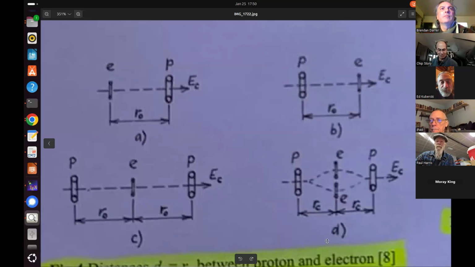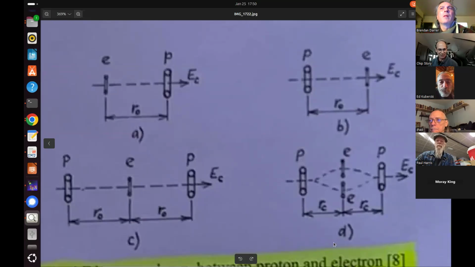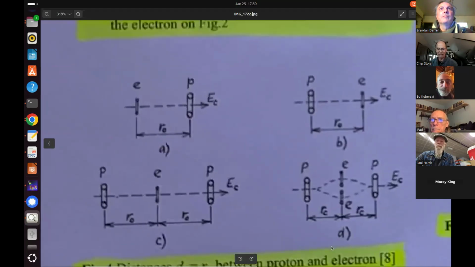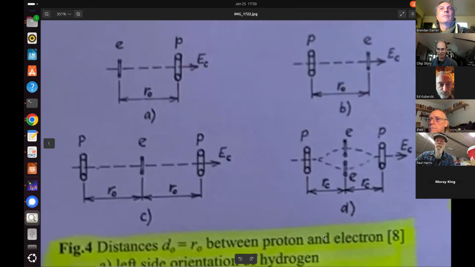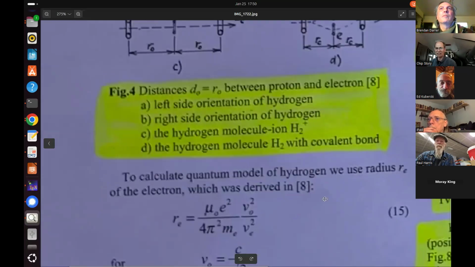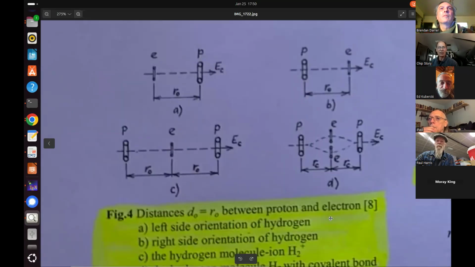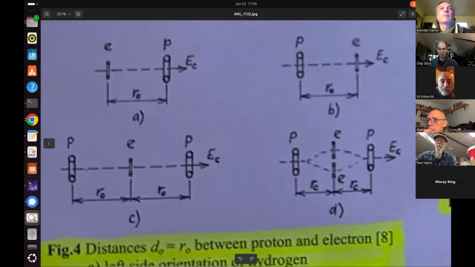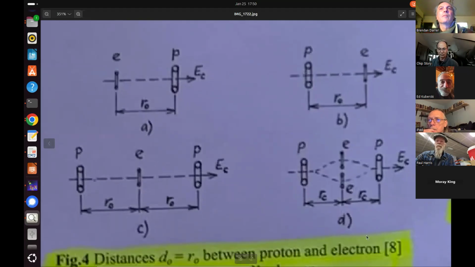Look at D, that's probably the most important one, because it talks about the balance, like you said, the counter rotation between the magnetic and the E fields. R sub E is shown there, the radius of the electron distance away. And this is why we gave Pavel a Nobel Prize from the Starburst Foundation for this work.